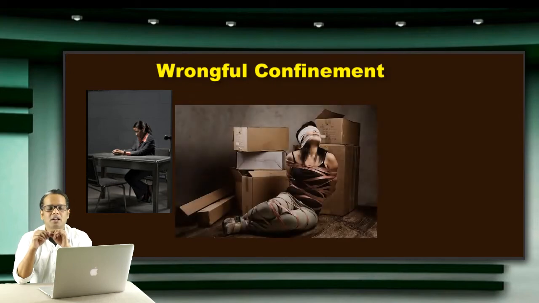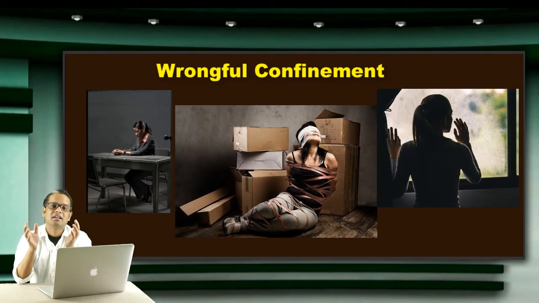Maybe his or her hands and legs are tied, or maybe not, but he or she is confined in such a way or in such an area that he or she cannot escape until the person who confined him or her allows it. So that is known as wrongful confinement.